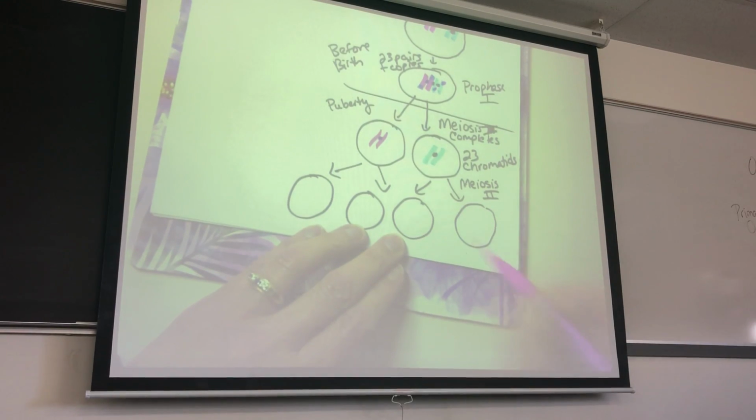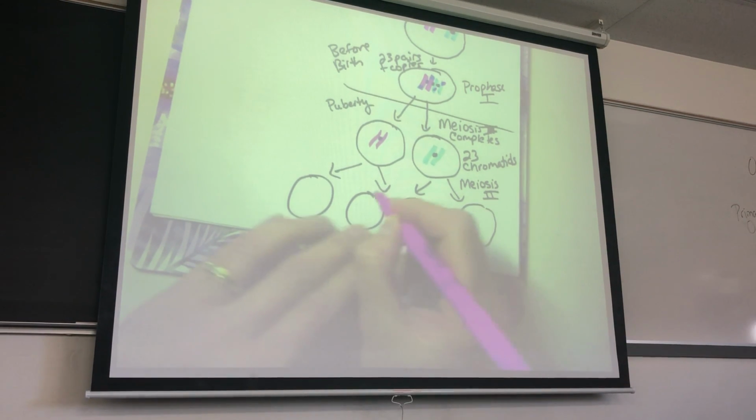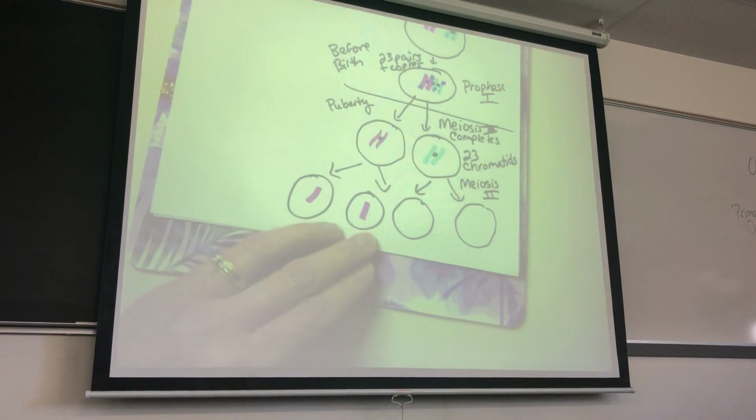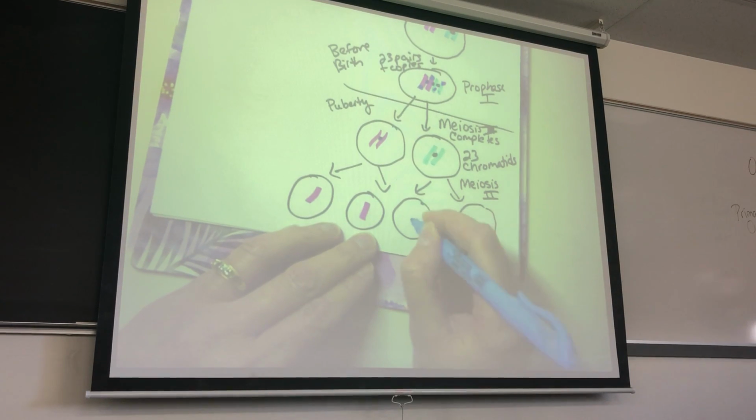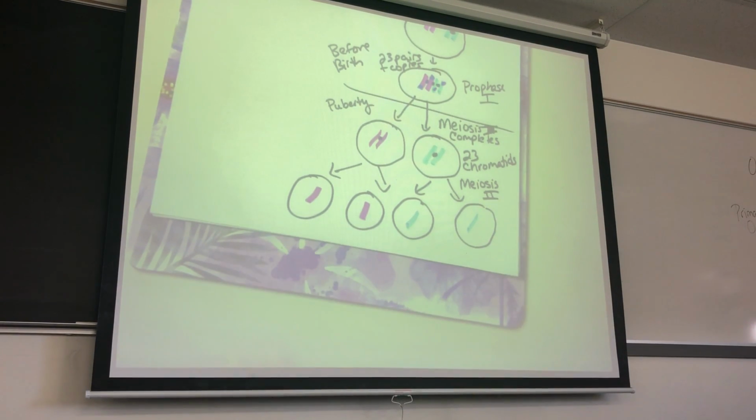So if meiosis 2 were to go all the way through, we would end up with 23 chromosomes in each cell. Okay?